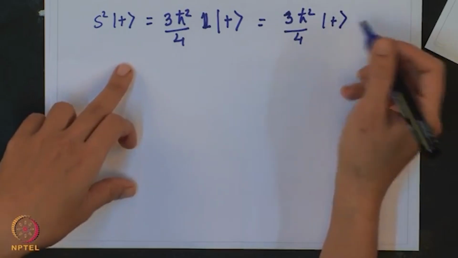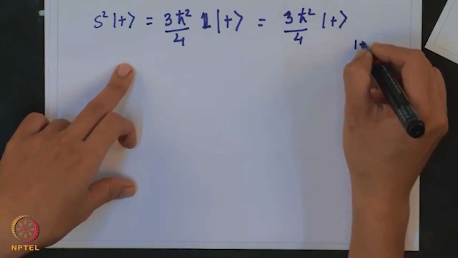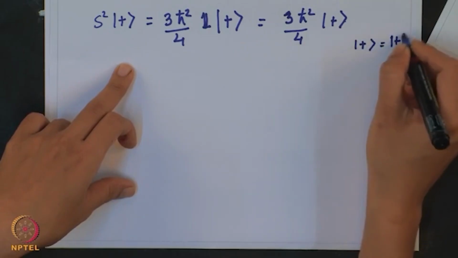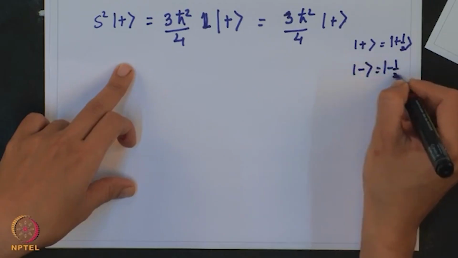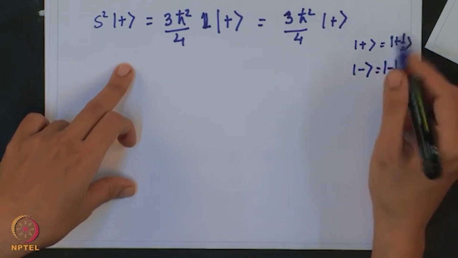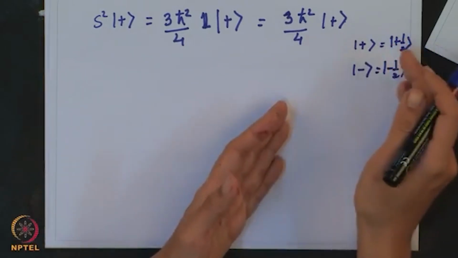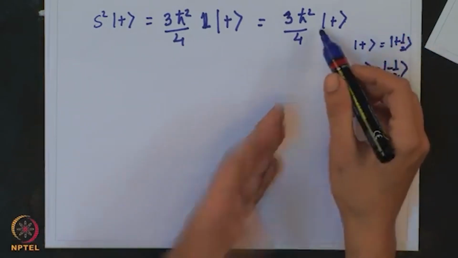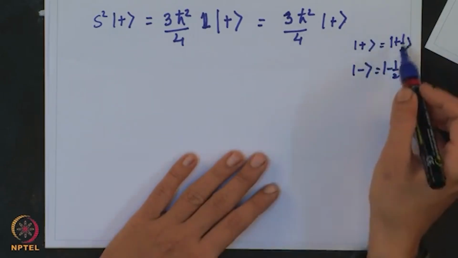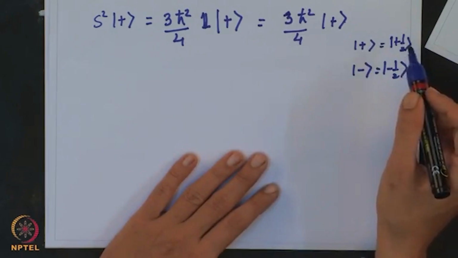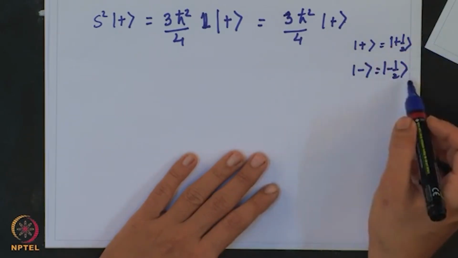Okay. In some places you will find that this plus ket is represented as plus half and minus ket is represented as minus half. So, notation wise, it is the same thing: when you write the eigenvectors as vectors 1 0 or 0 1, they correspond to plus half and minus half.